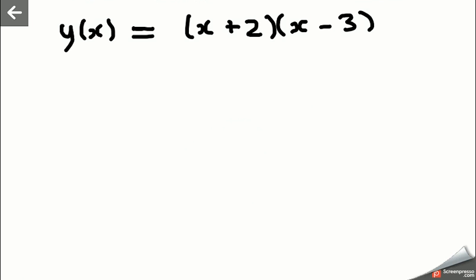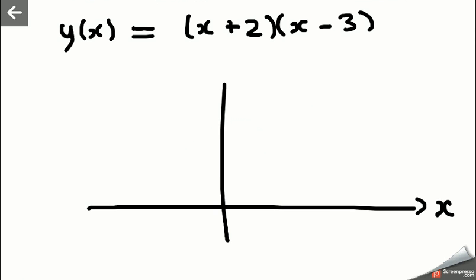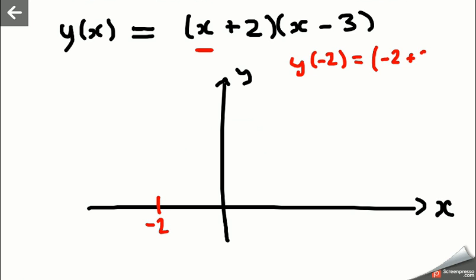We also know that this thing is going to be equal to 0 when x equals negative 2. Because if x is equal to negative 2, here's negative 2 over here, then we've got y of negative 2 is equal to (negative 2 plus 2) times (negative 2 minus 3).